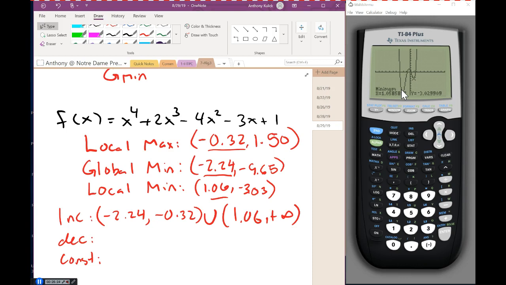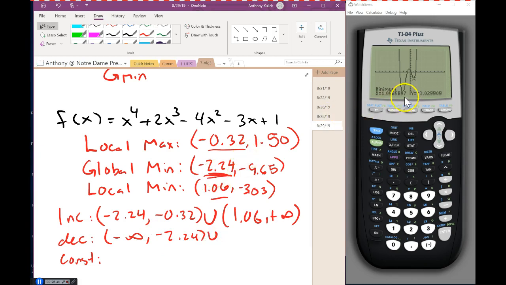So I see two decreasing sections. I see this one here, and I see this one here. That first decreasing section goes from negative infinity to the global minimum. So negative infinity to negative 2.24.